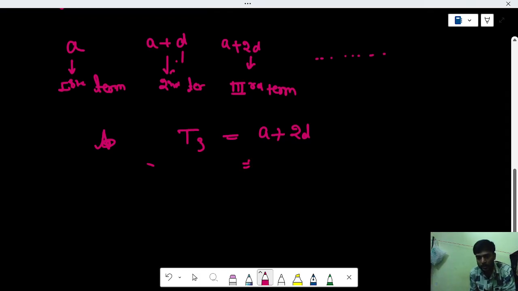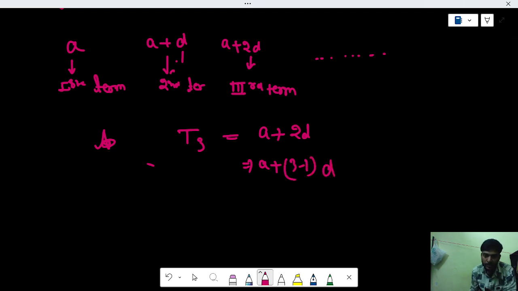We can also write it as a plus 3 minus 1 into d.